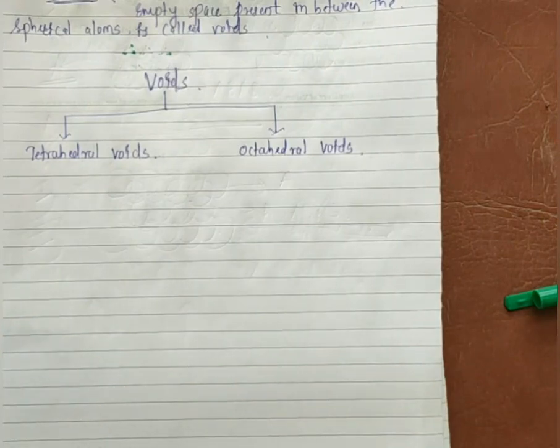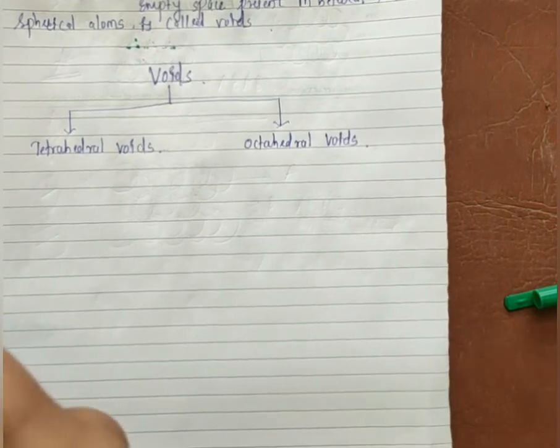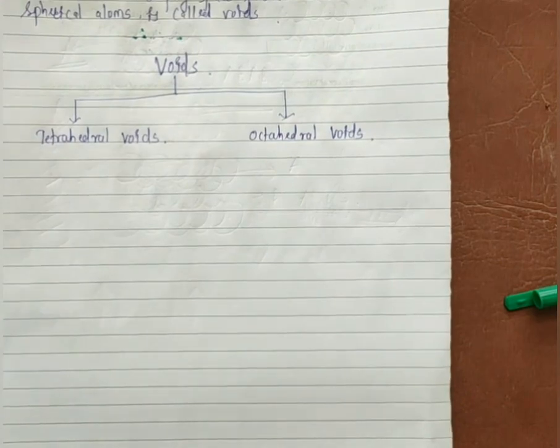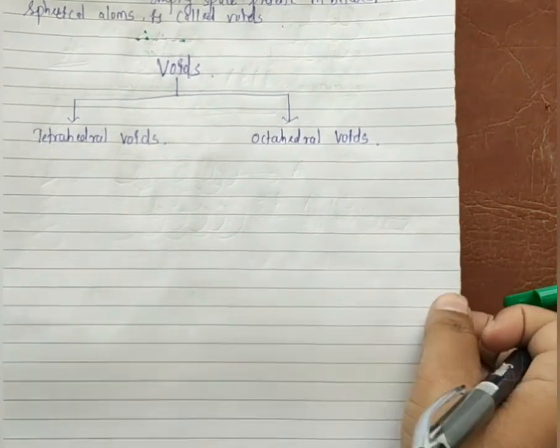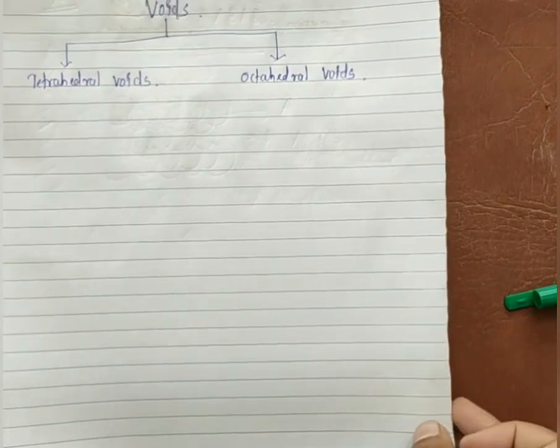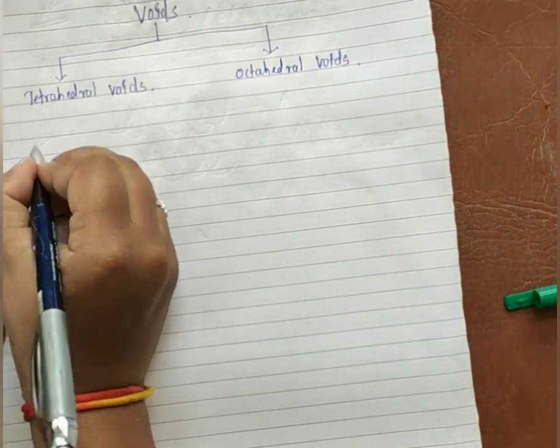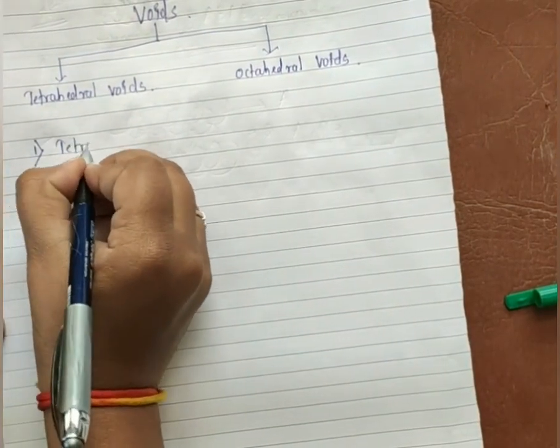Now we will study what is meant by tetrahedral voids and what is meant by octahedral voids. First we will study tetrahedral voids.